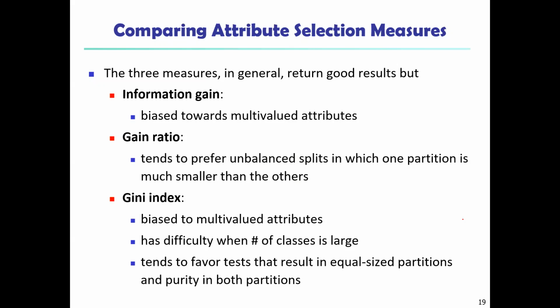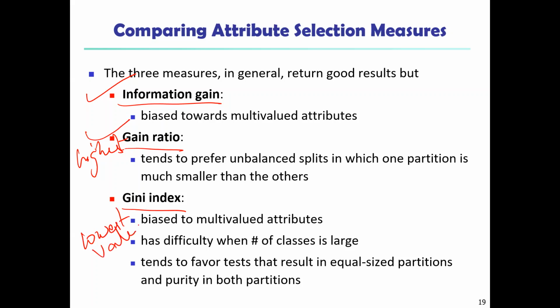Now, if we compare all three measures, information gain, gain ratio, and Gini index: information gain and gain ratio consider the highest values, while Gini index considers the lowest value. So we'll see what comparisons we can make on these three. The three measures in general return good results, but information gain is biased towards multi-valued attributes.